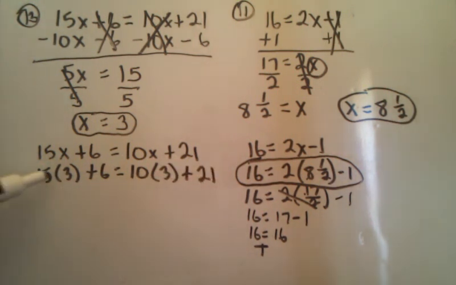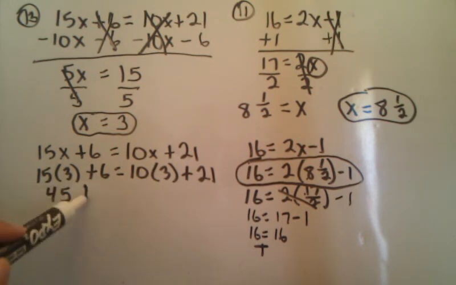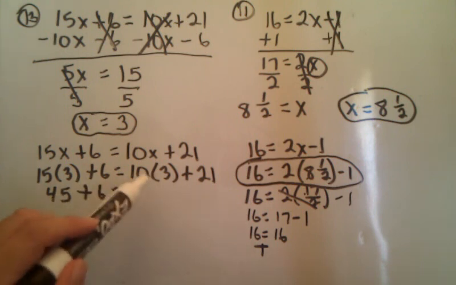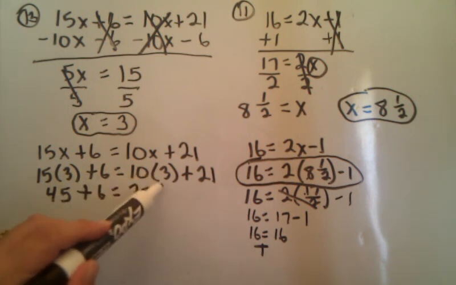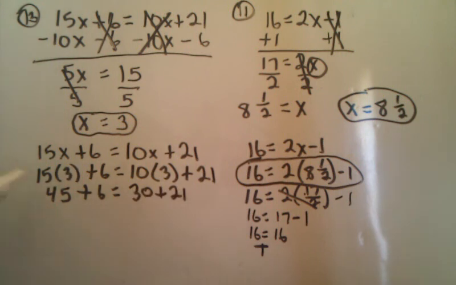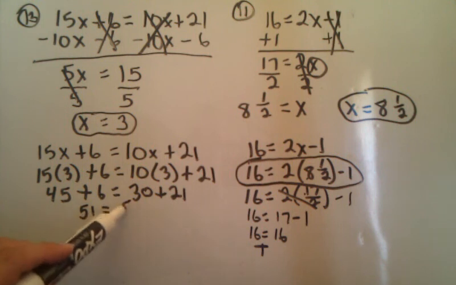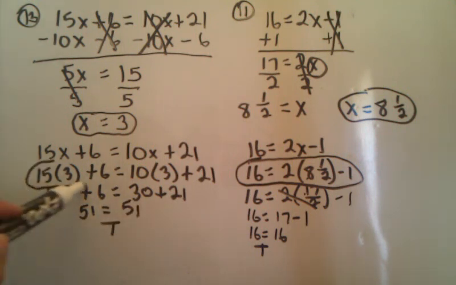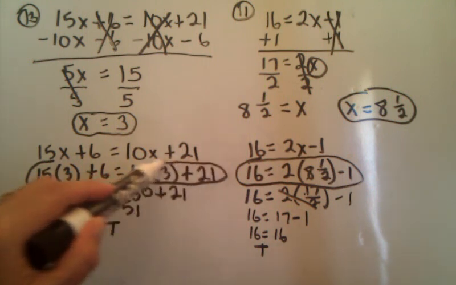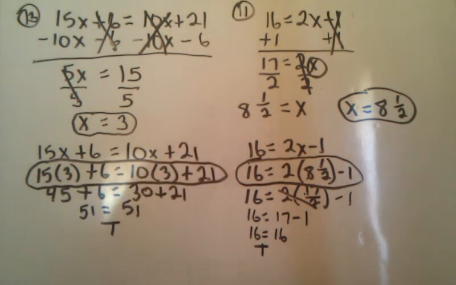Okay, you have to multiply first. 15 times 3, you should have got 45. Plus 6 equals 10 times 3 is 30, plus 21. And you can do these up and down if you need to. 45 plus 6 is 51 equals 51, and that's true. So to check it, this is what it wants for the check.